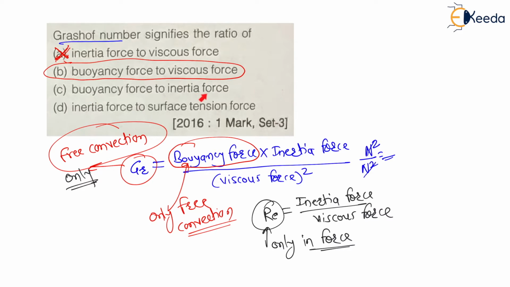Option C is buoyancy force and inertia force, but the question says ratio, and buoyancy force and inertia force are in multiplication, not in ratio. So we cannot go for C. Inertia force and surface tension is wrong. Therefore, for this question, option B is the correct choice.